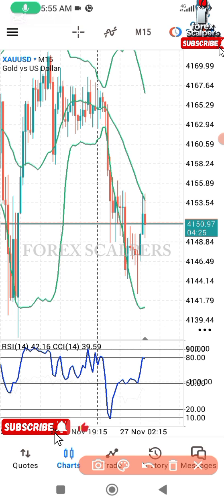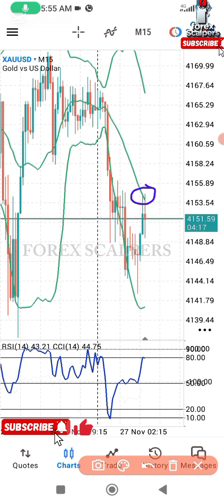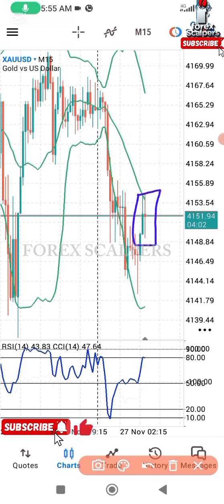In that case, what do we want to see? As you can see, price is below the middle Bollinger Band on the 15-minute time frame. And if you look carefully, you realize that our CCI is at the level of 80 and 90. So for this to be valid, we will want to see a bearish confirmation candle from this zone, and then CCI should cross from the level of 80.